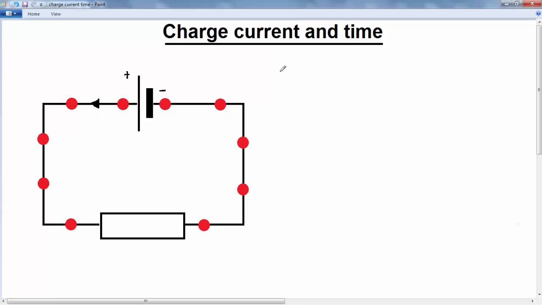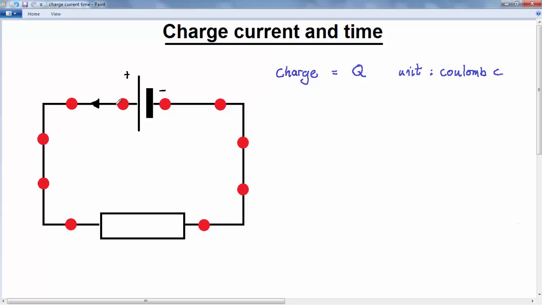So what is the symbol for charge? Well, it's the capital letter Q, and its unit is the coulomb.